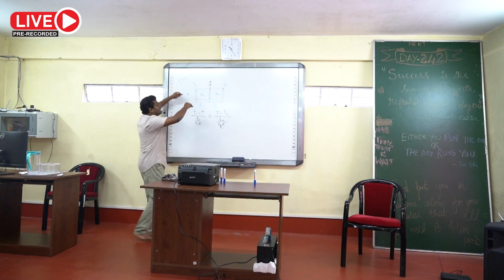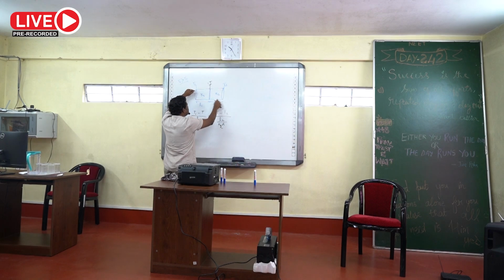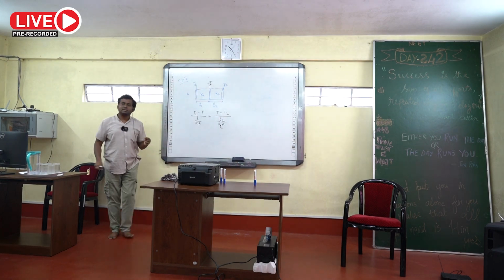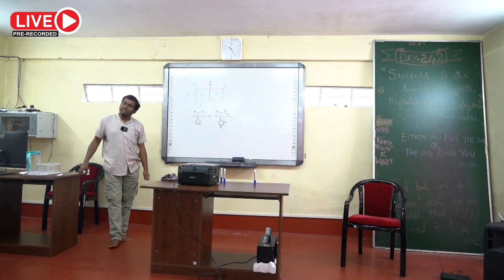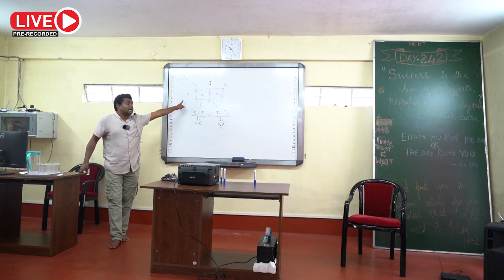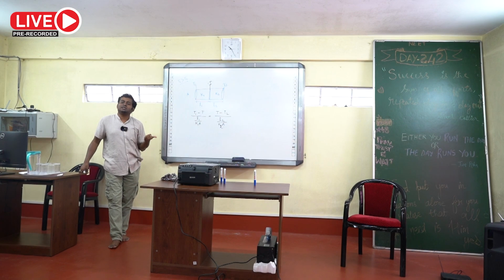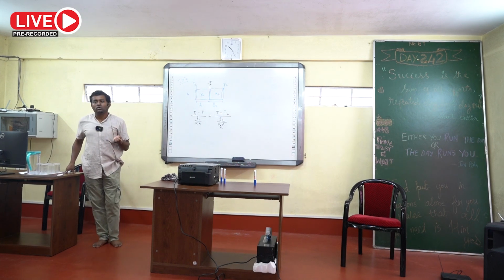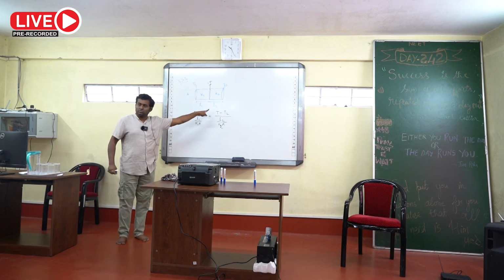So we consider that there is a single slab of total length L1 plus L2, area of cross section A, and that single slab has conductivity K, that is called the K equivalent for these two. Means the same thermal current will flow through that slab, then it is called the series equivalent of these two.